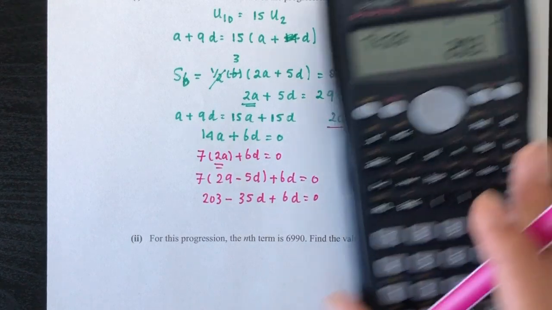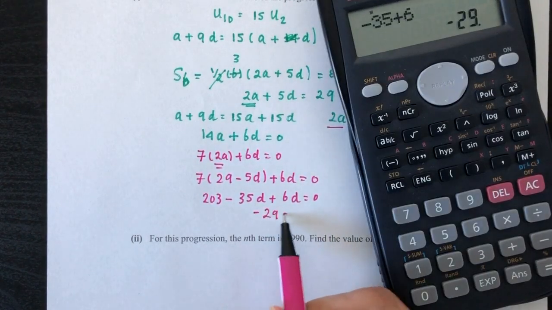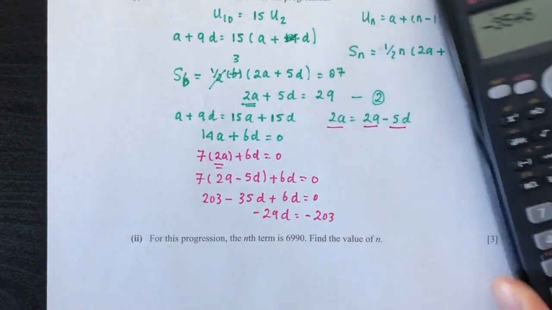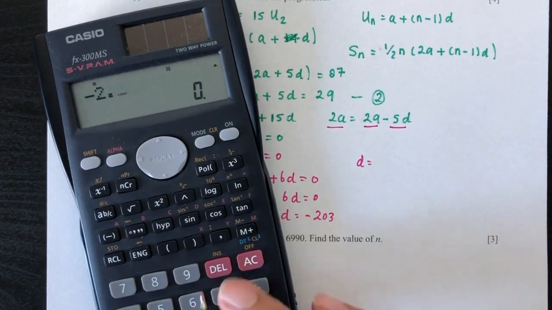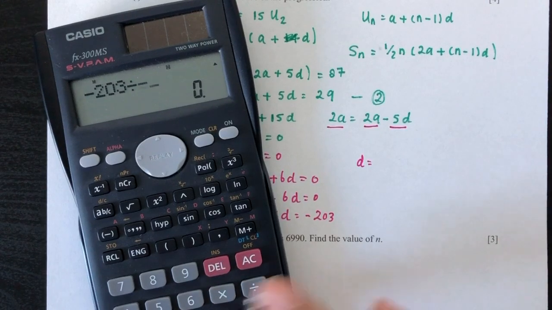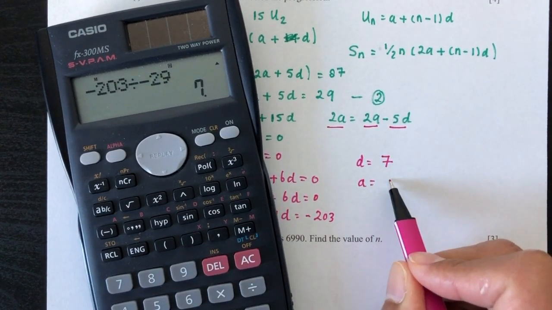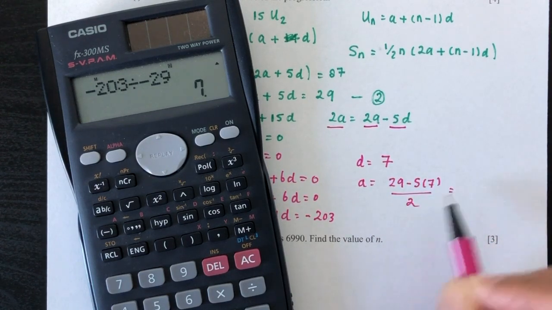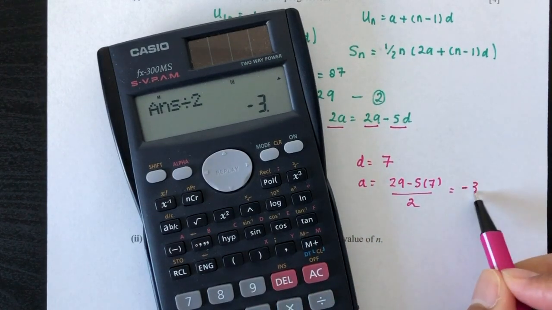Minus 35 plus 6 is minus 29d, equal to minus 203 if you send this one over. Now the value of d will become minus 203 divided by minus 29, which is 7. So the value of a will be 29 minus 5 times d, divided by 2, which is 29 minus 35 divided by 2, which is minus 3.